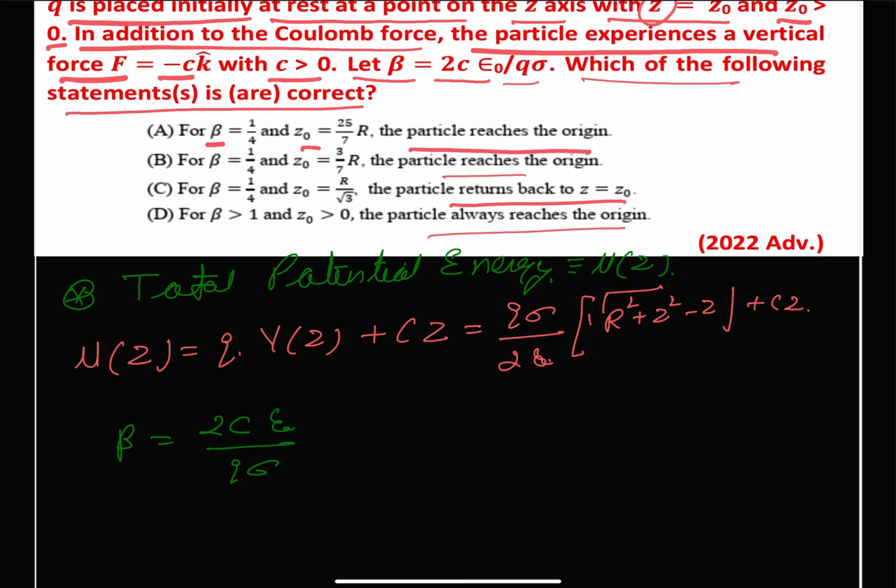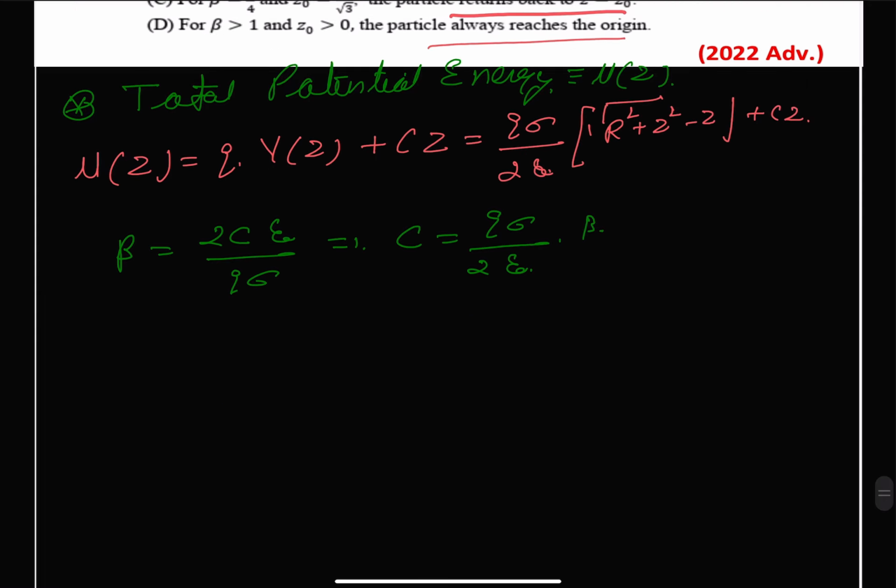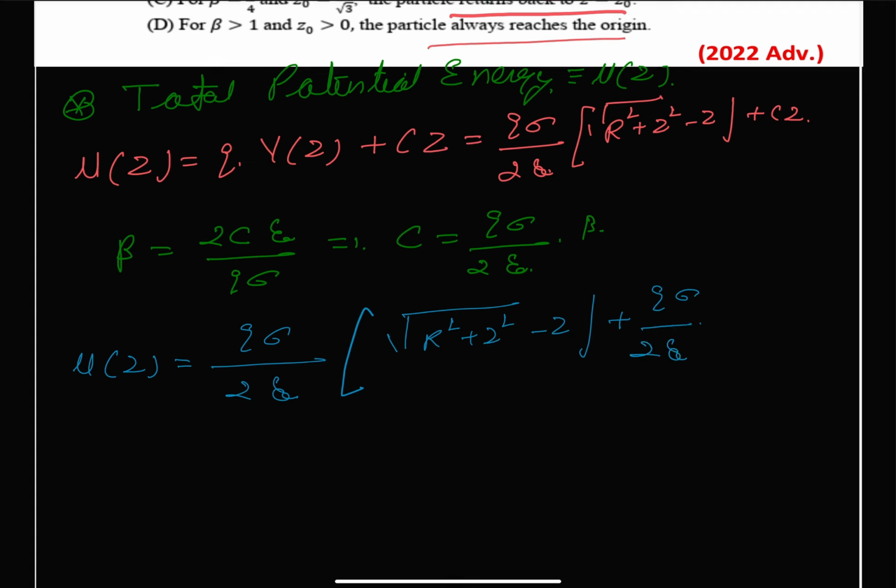From here we can say that C will be equal to Q sigma upon 2 epsilon naught times beta. We substitute the value of C, and we get U of z equal to Q sigma upon 2 epsilon naught times the square root of R square plus Z square, minus Z, plus Q sigma upon 2 epsilon naught times beta times Z.